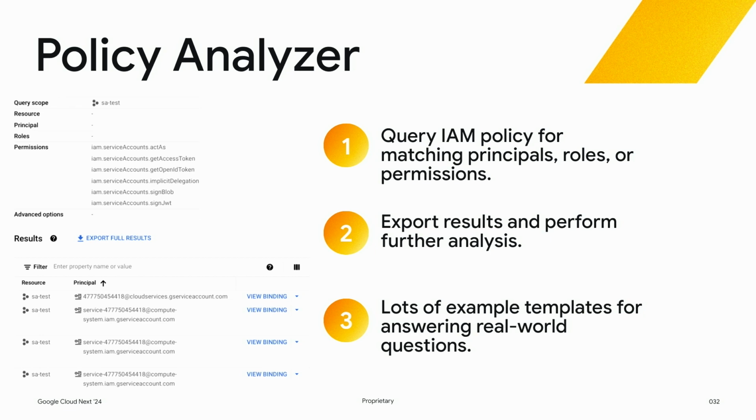Also, you can go the other direction and ask which identities have access to do a particular thing within my projects. For example, who has access to read and write from the cloud storage buckets in this project? You can query the policy analyzer and get back which identities have access to do that.